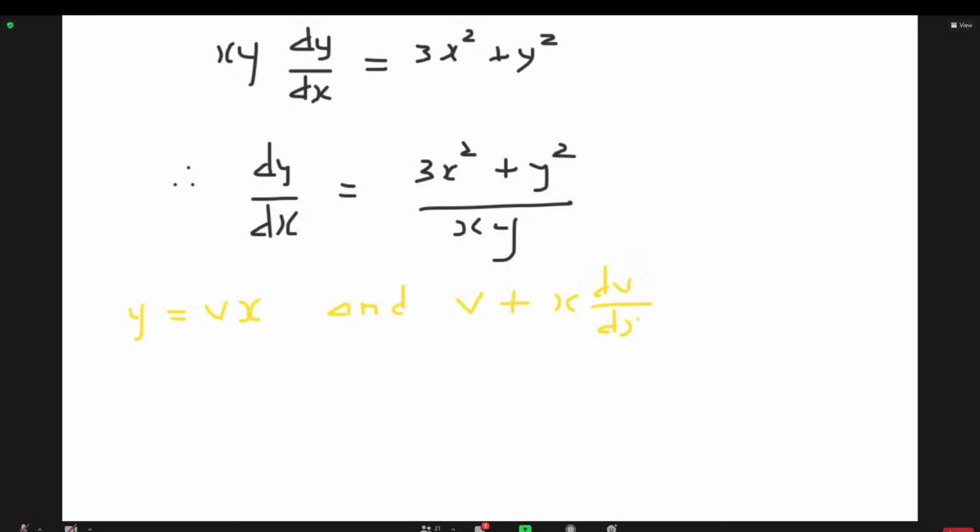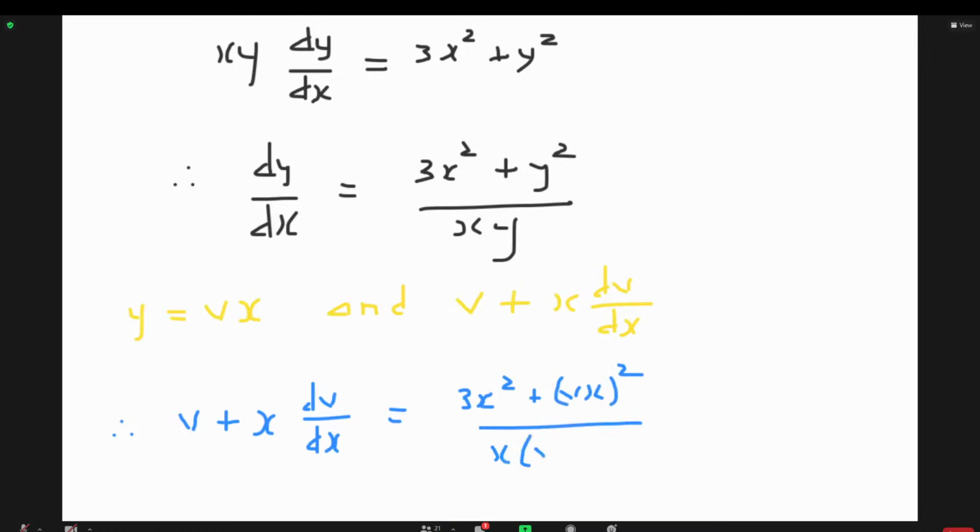So therefore, v plus x dv dx is going to be 3x squared plus vx squared over x by vx.